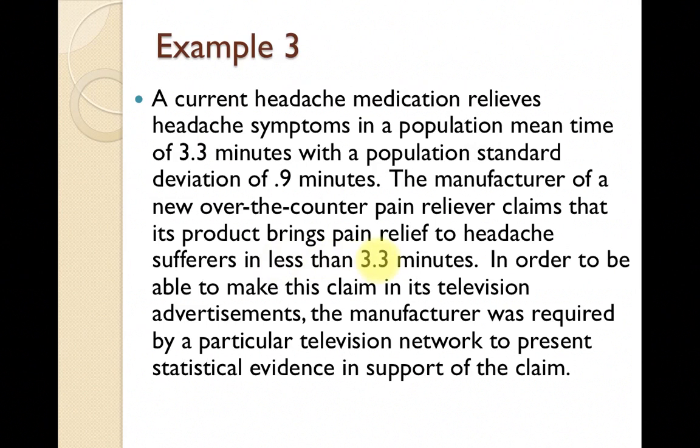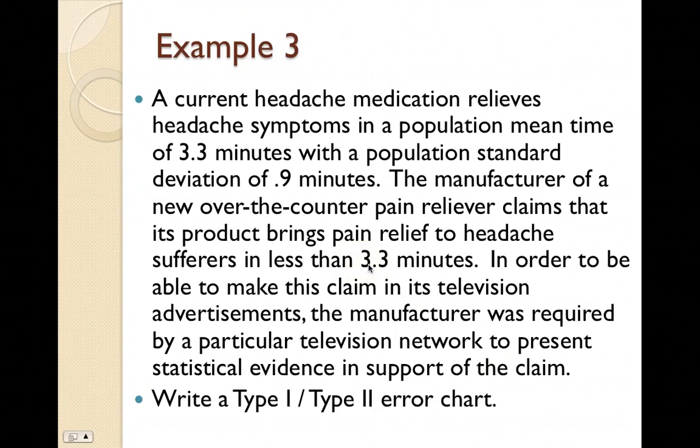In order to be able to make this claim in its television advertisements, the manufacturer was required by a particular television network to present statistical evidence in support of the claim. So we're going to write a type 1, type 2 error chart and analyze the meanings of the type 1 and type 2 errors.